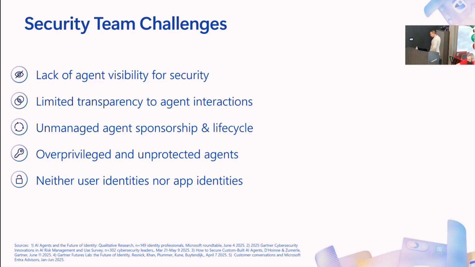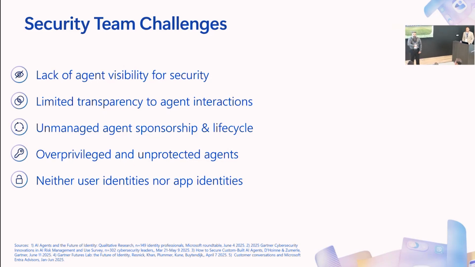Unmanaged agent sponsorship lifecycle. We need to put guardrails in place to ensure that the agents are deployed timely. If it's short term, one year, six months, whatever the case may be, we put those rules in place. We need someone to sponsor it. Who is going to be accountable for the agent and all the access it has? And of course, as humans, we deal with this every single day: overprivileged and unprotected agents. We still want to ensure that agents are rolled out with the right level of permissions.